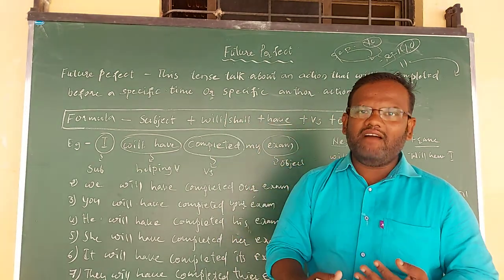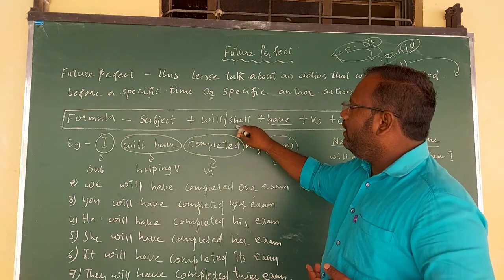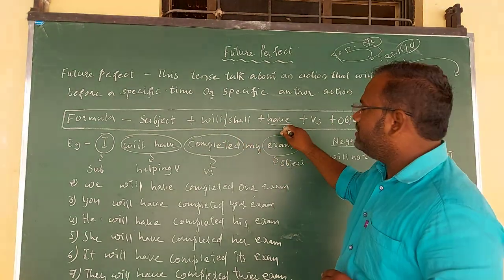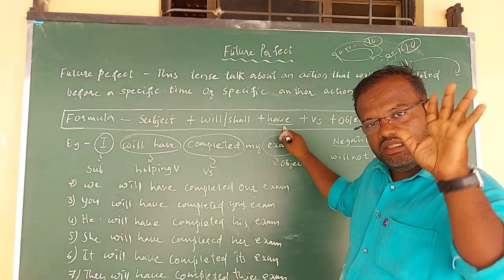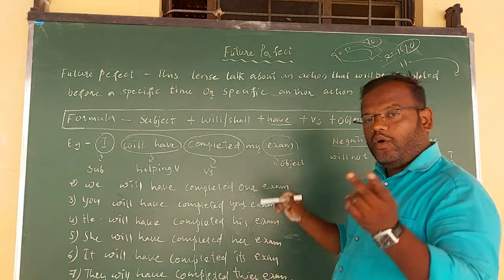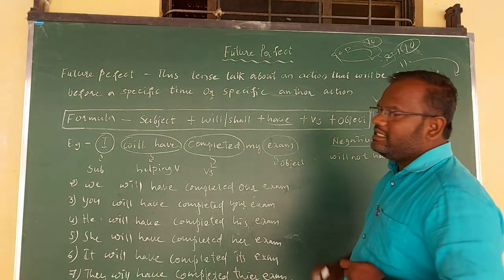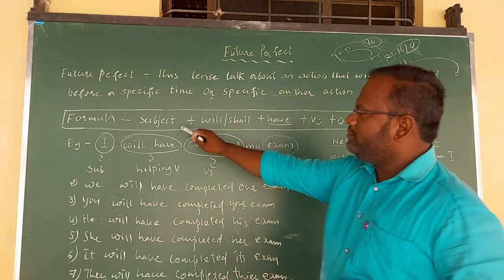These things we have already discussed in our previous class. So subject plus will or shall plus have, which is the single helping verb. Here we are using have plus third form of a verb, V3 we can call it, and finally an object.